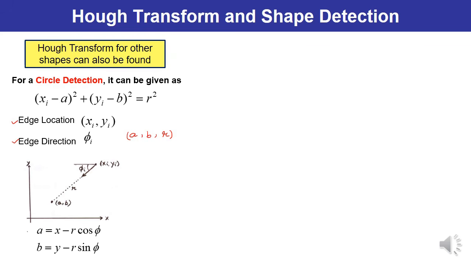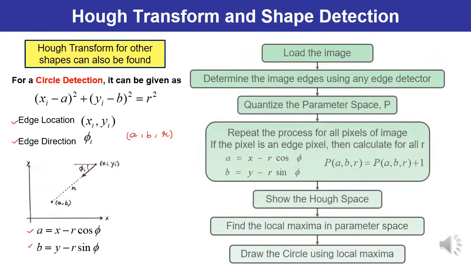This is how you can calculate the values of a and b. And in that particular x, y plane, how the circle can be related, you can visualize from this particular diagram. It means now you have to understand how the polar form circle detection algorithm can be written, and how it can be applied to an image. Let us draw the algorithm.